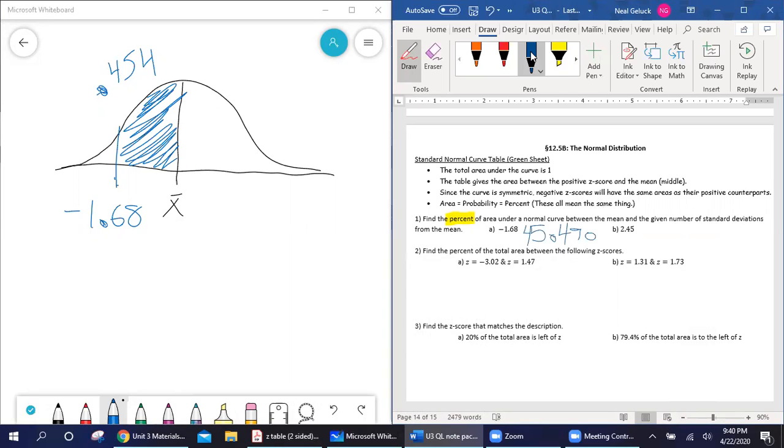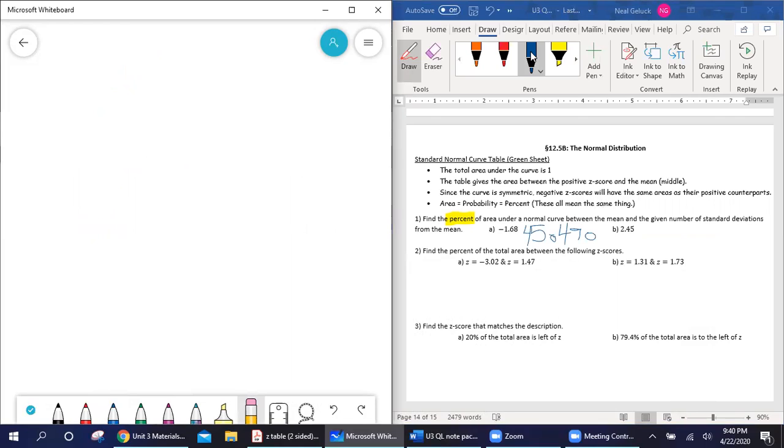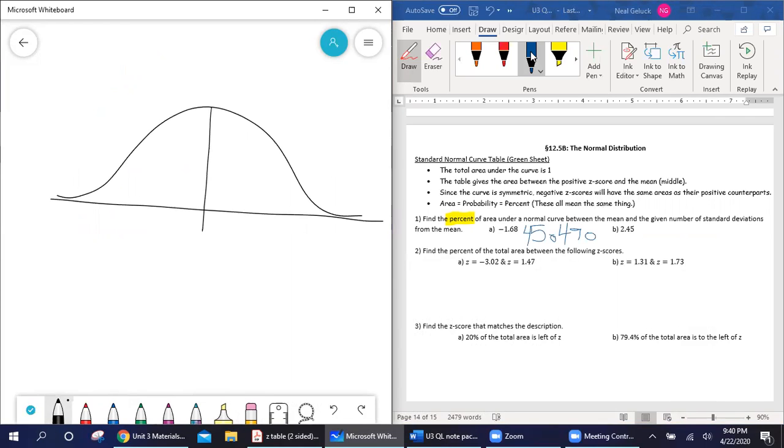For letter B, 2.45. So 2.45, that's a positive number. That would be somewhere way over here. 2.45 is wanting this area, and then I'll turn that into a percentage after I figure it out.